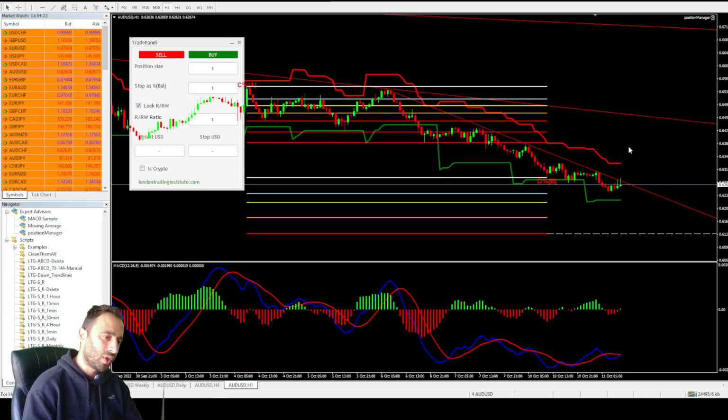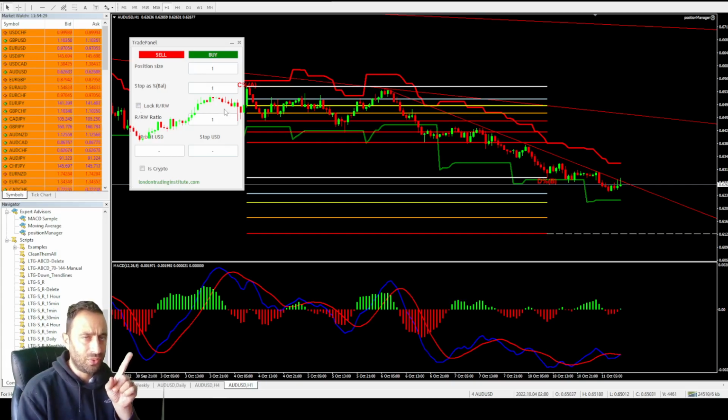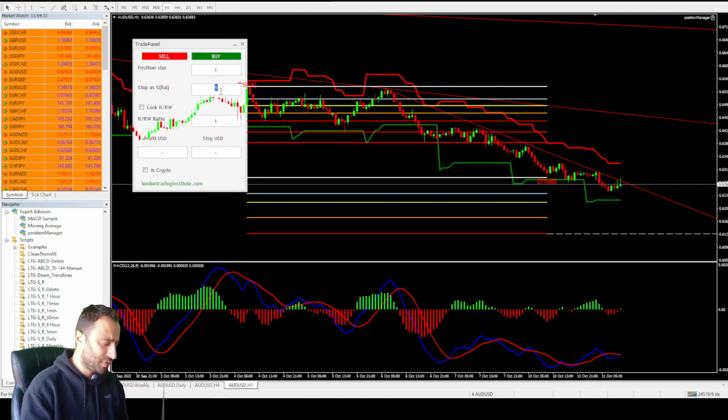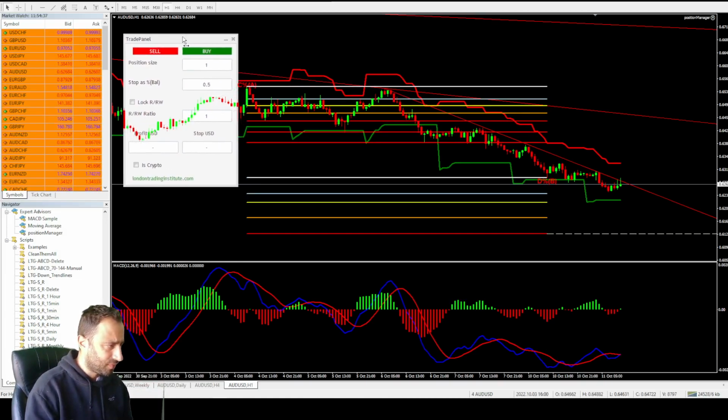So what I'm going to do with this one is split my risk up into two 0.5% trades. I'll use my position manager here, and I'm going to put in a 0.5% trade. I've taken the reward to risk off.